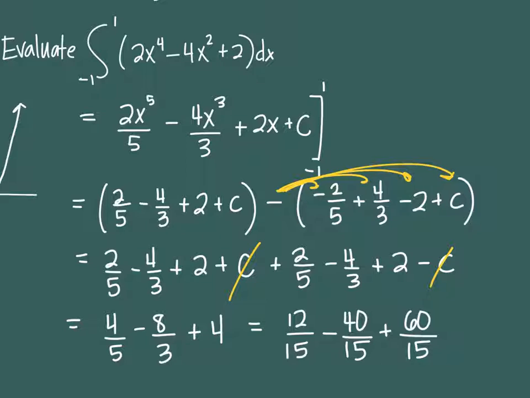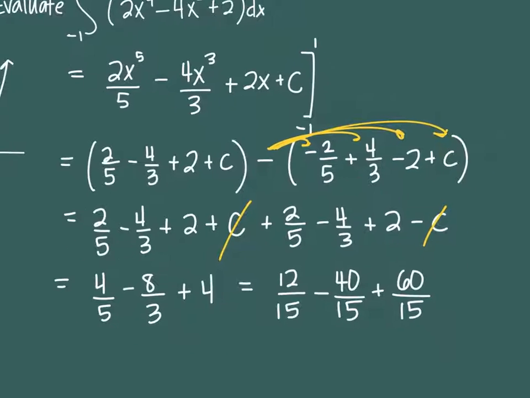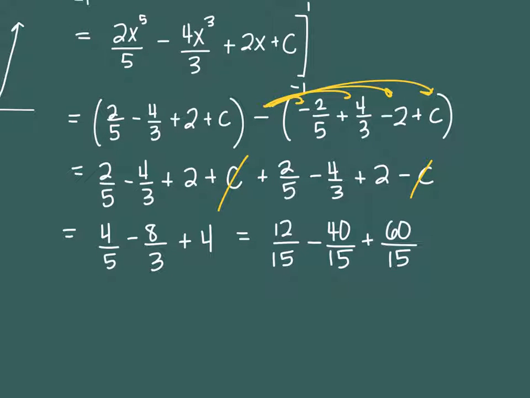So 12 minus 40 plus 60, that's 12/15 plus 20/15 if you combine the negative 40 and the 60 together. So 32/15 is the value of the exact area under that.